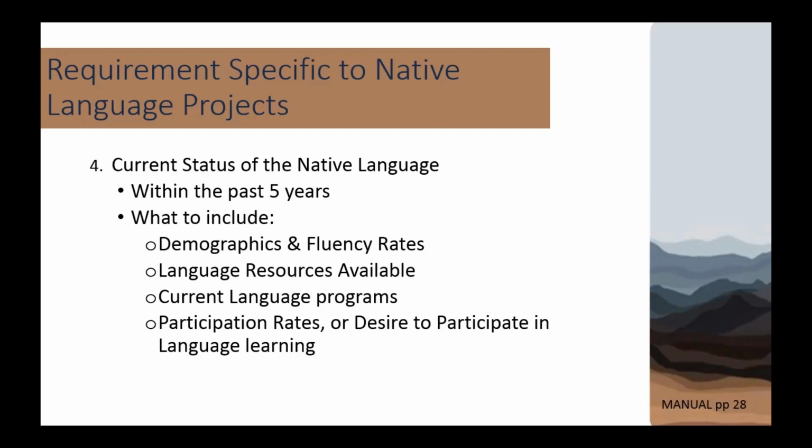So in this description, you want to include the demographics and fluency rates, such as how many enrolled members are there, how many are fluent, first language speakers versus emerging second language speakers, like Dawn was using in her example. You want to include available language resources and any current language programs that exist.